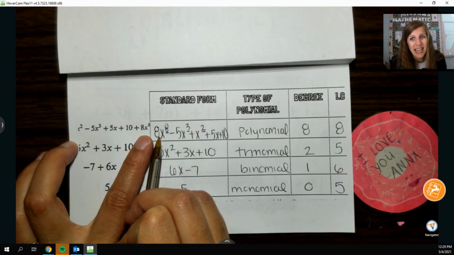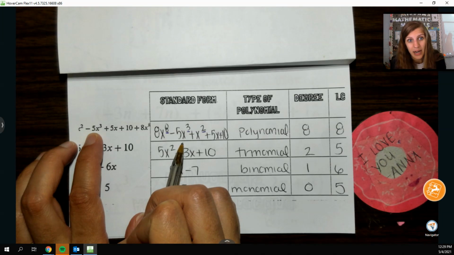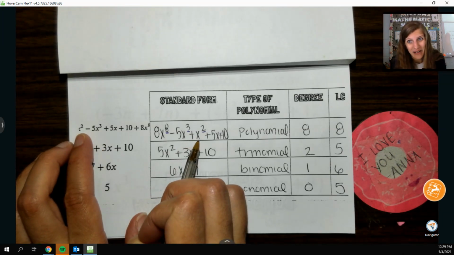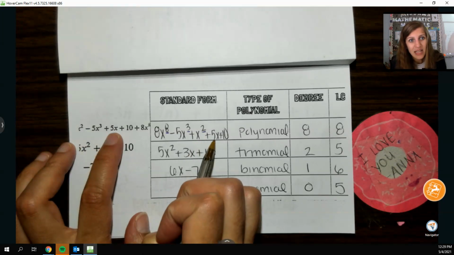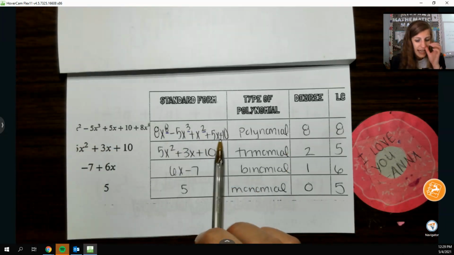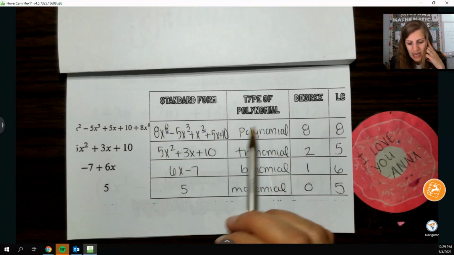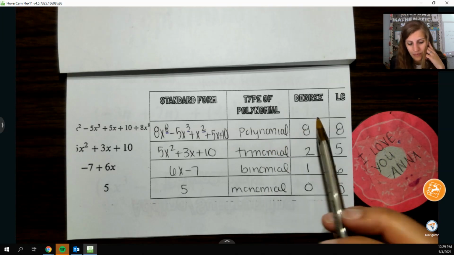And then I didn't see a 7 or a 6 or a 5 or even a 4. But then the next one we had was a to the 3rd power. So that goes next. And then a to the 2nd power. Then to the 1st power, and then no power. Now, when anything has more than 3 terms, it's just a plain old polynomial.